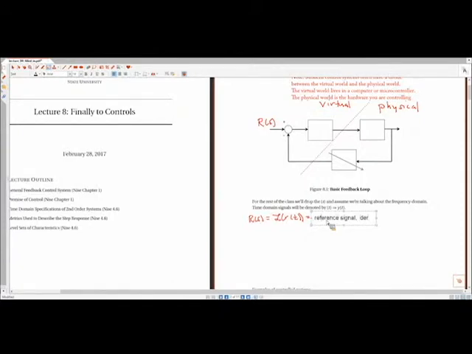And this is your desired output. Okay, so we'll go through some examples of this in a second, but kind of briefly, this is what you want the output of the system to be.